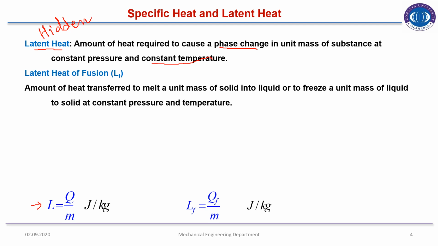Latent heat of fusion, which is represented by LF. As the name suggests, fusion is the conversion of solid into liquid. So the definition of latent heat of fusion is the amount of heat transferred to melt a unit mass of solid into liquid or to freeze a unit mass of liquid to solid at constant pressure and temperature.